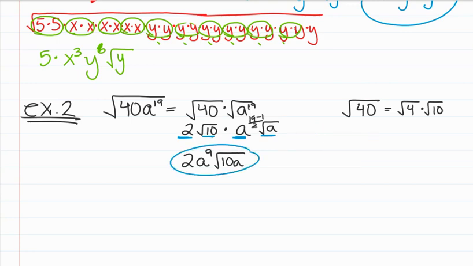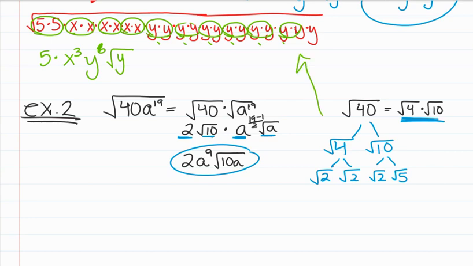Now, if you struggled to find the square root of 4 times the 10 over here, all you have to do is break this down into a prime factor tree. Square root of 4 times square root of 10. And I just keep factoring down until I get prime numbers. And then once I get prime numbers, I can go and find the pairs just like we did up above.